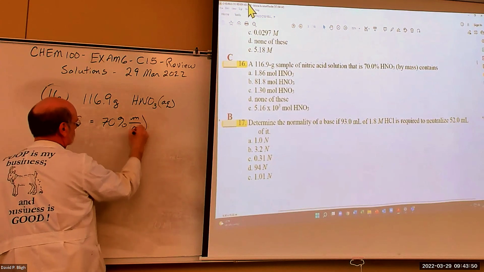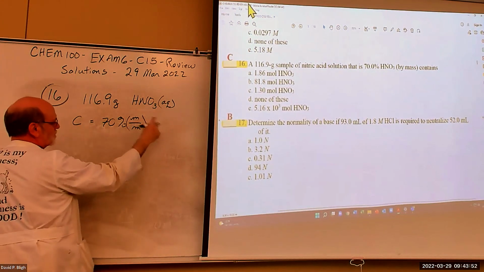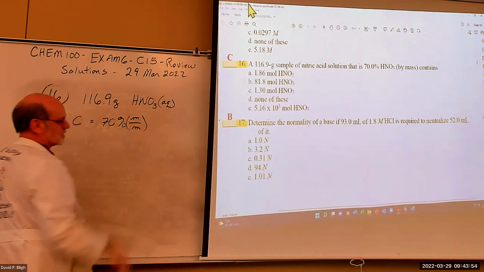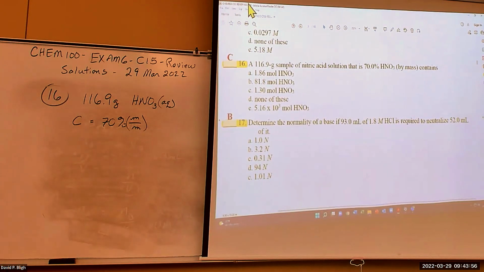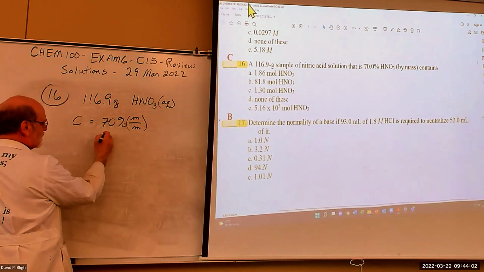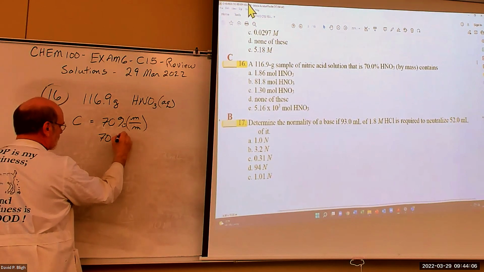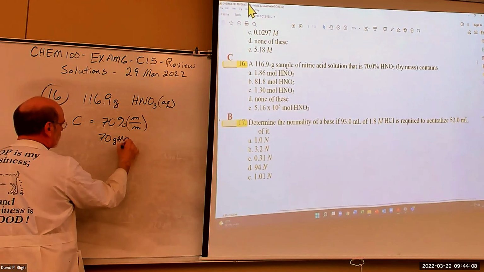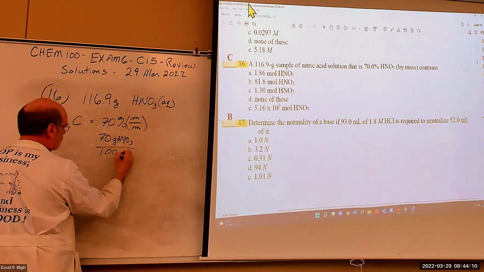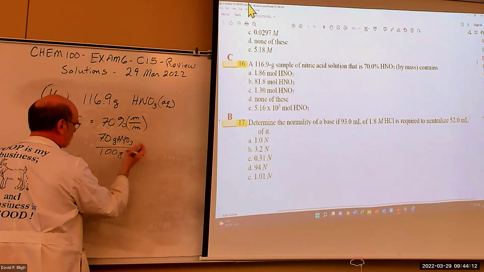That means the solute is in mass and the solution is in mass also. Okay, what does that mean? That means 70 grams of HNO3 per 100 grams of solution.